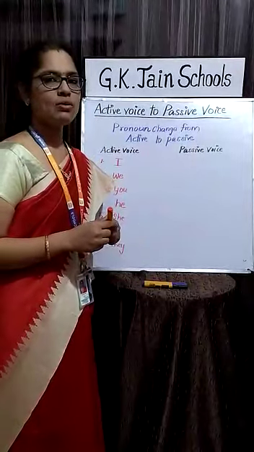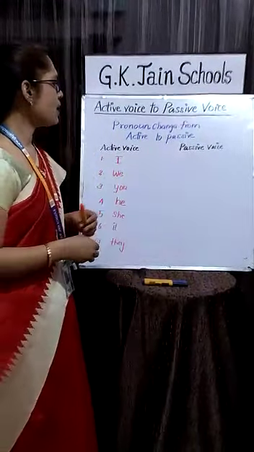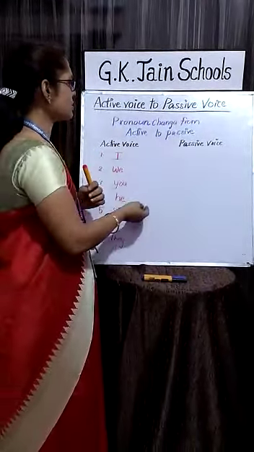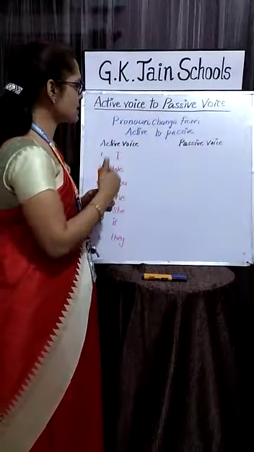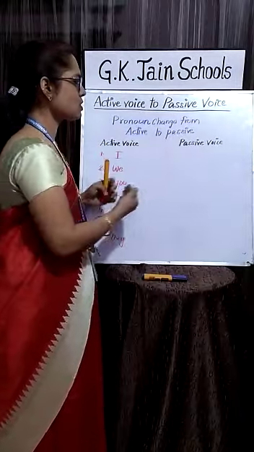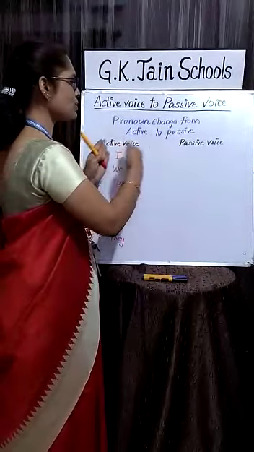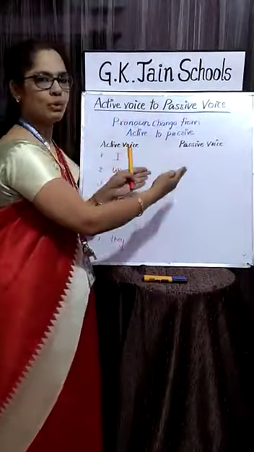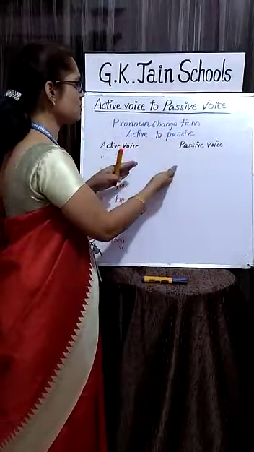So students, now we are going to see what happens if our subject is a pronoun in our sentence. If the subject is a pronoun, we cannot use it as such in the conversion of active voice to passive voice. You cannot use the same pronoun. It needs to be changed.